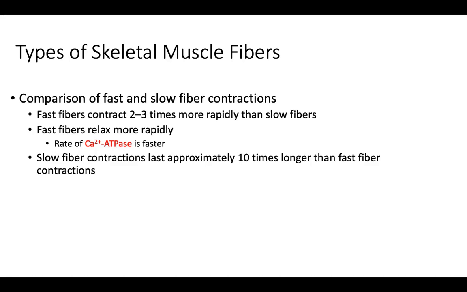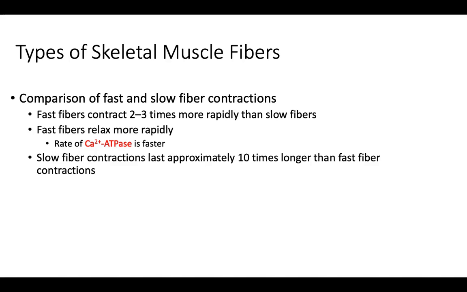In order for us to put that muscle back into its relaxed state, we're going to need to take that calcium off in order to cover up those binding sites again. And we're going to need to push that calcium from the sarcoplasm back into the sarcoplasmic reticulum where it is being stored.